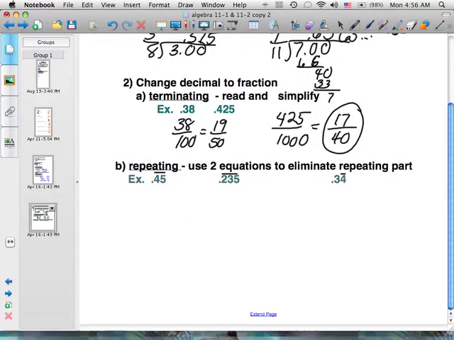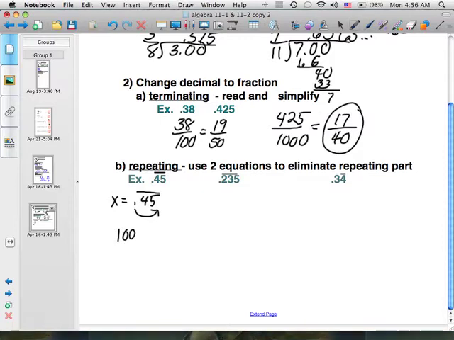And then the last part is changing repeating decimals into fractions. We did this last year. If everything is under the repeating bar, we let x equal 0.45 repeating, and then we make a larger equation by moving the decimal point behind the part that repeats.